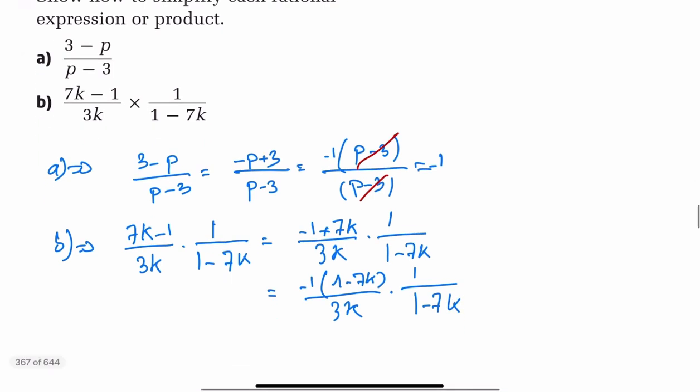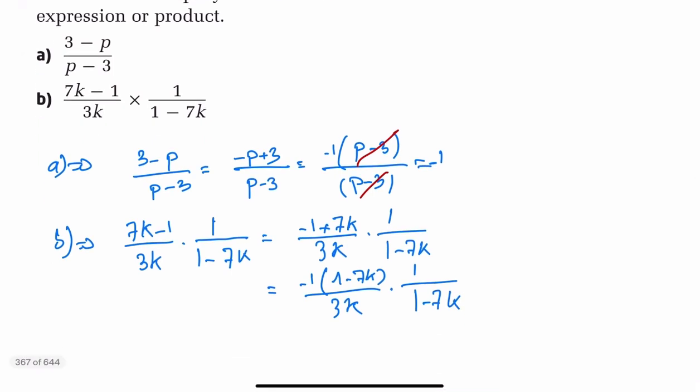And now, because this is a multiplication, it is same thing as you have just one single division. So this times this divided by this times this. Let me write it so you can see it.